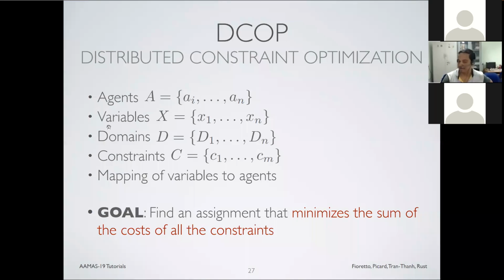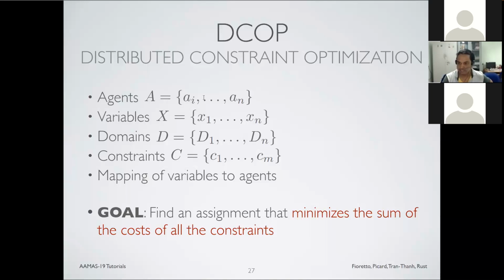There is a variable set X. It can be X1, X2, X3. Domains D1, D2, D3. Constraints, and a mapping of variables to agents. You have to map. So agent A1 is responsible for choosing a particular value from the domain for X1.